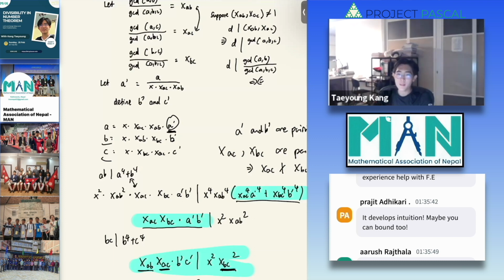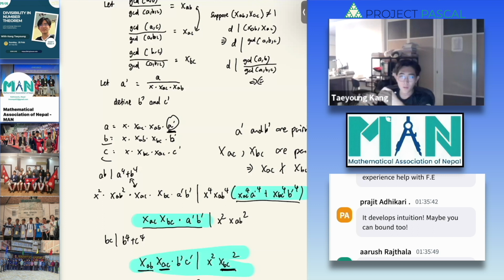It develops intuition and you can bound, but I'd warn you from using too much high-powered stuff, because sometimes it overcomplicates things and clutters up the whole solution. You may end up straying to a much harder solution when you have a much easier one right in front of you.